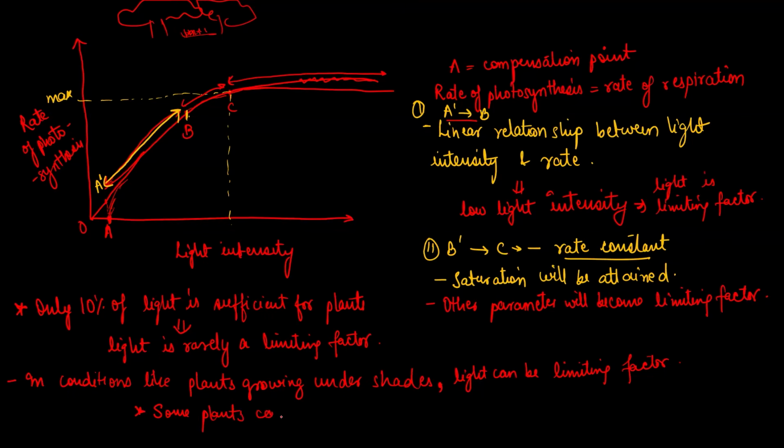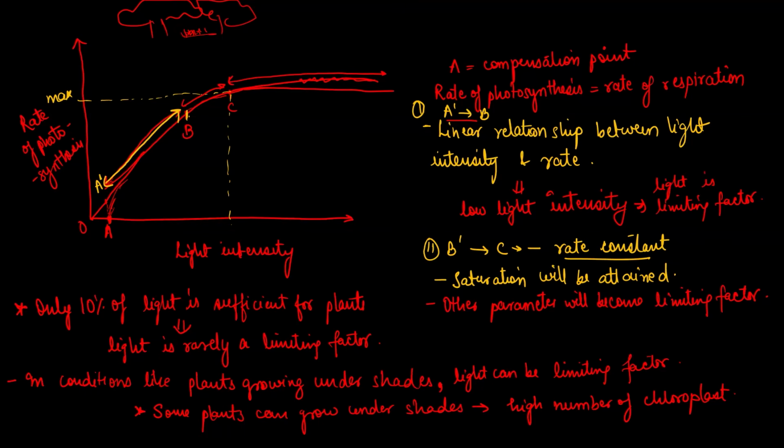These plants have a high number of chloroplasts, so even a small amount of light intensity they can utilize for conversion into energy and ultimately glucose.